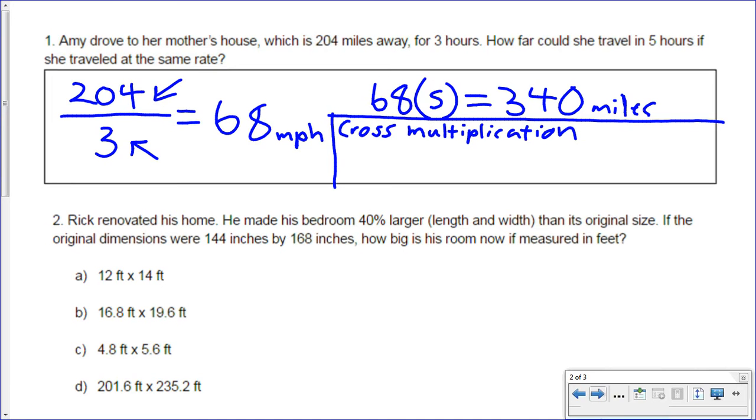Now, the way you do cross multiplication, you set up a ratio from the information given. So the first ratio that we set up, and we were given this information, is 204 to 3. So 204 over 3 means she can travel 204 miles in 3 hours.